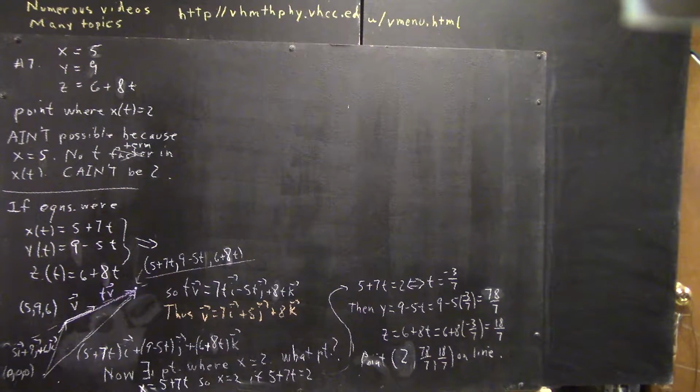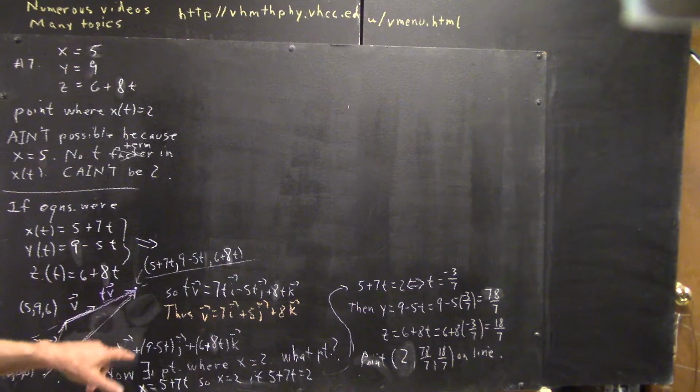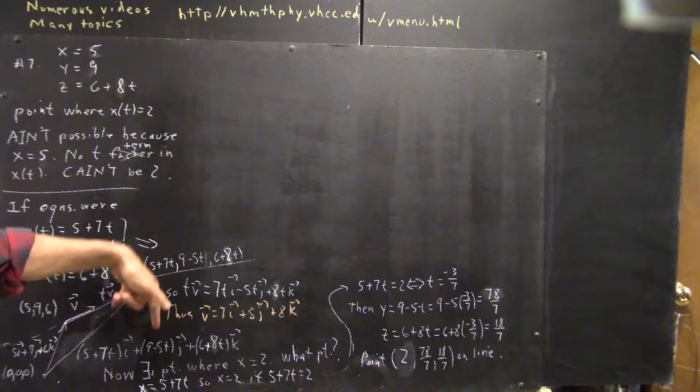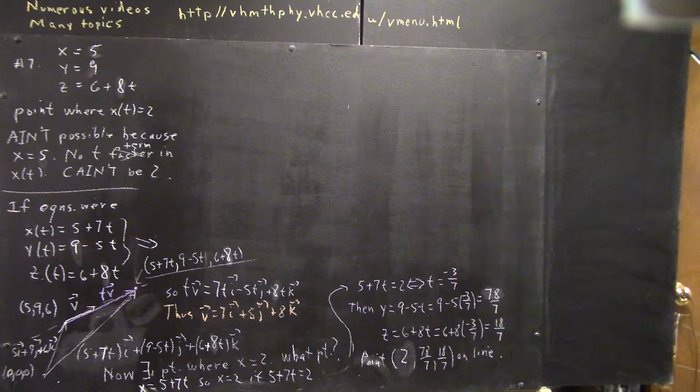Now, any point on the line corresponds to the terminal point of a vector from the origin to that point. The vector from the origin to that point has to be (5 plus 7t)i, and then (9 minus 5t)j, (6 plus 8t)k.